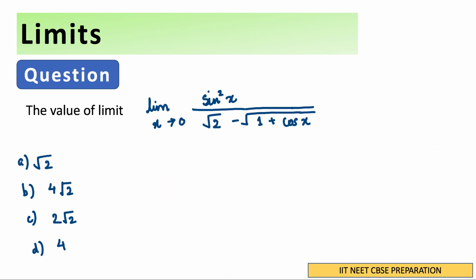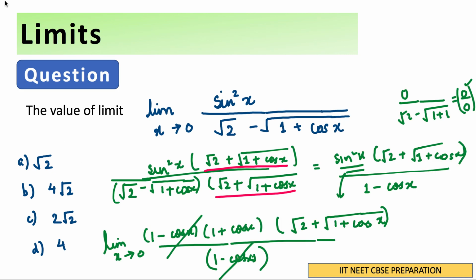Let me just change the sheet. Actually, let's do it here only because just one step remaining. So we have 1 plus cos x, so 1 plus cos 0, substitute 0. Cos 0 is 1, so 1 plus 1.